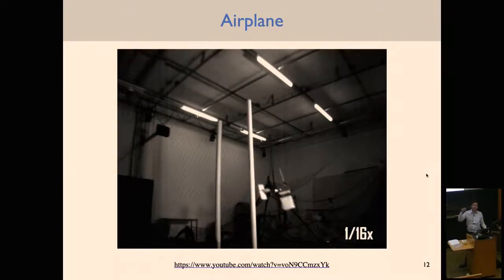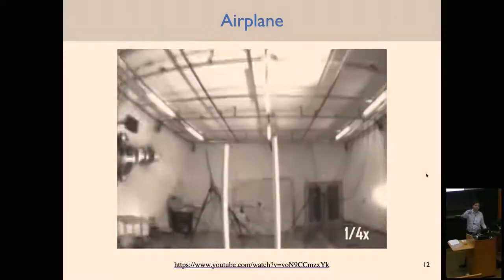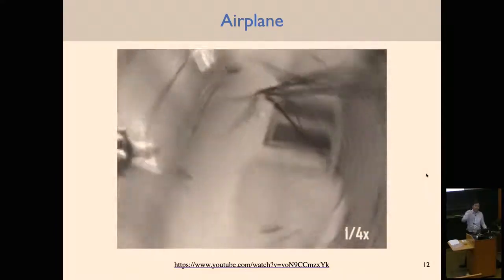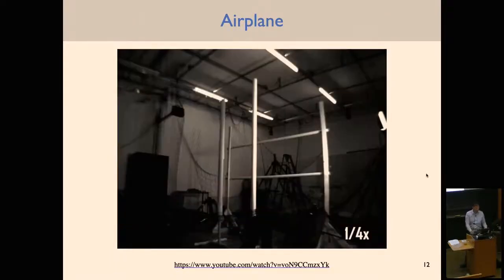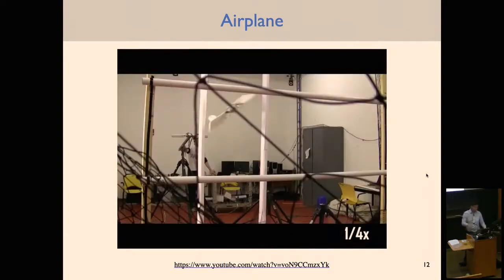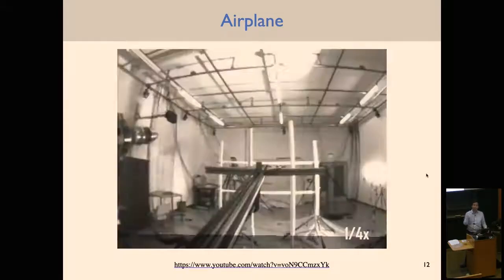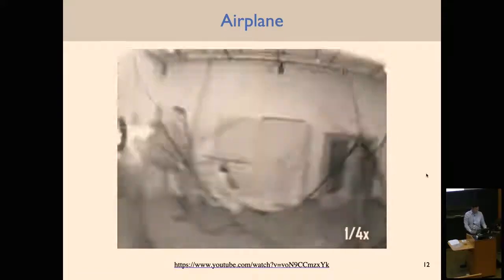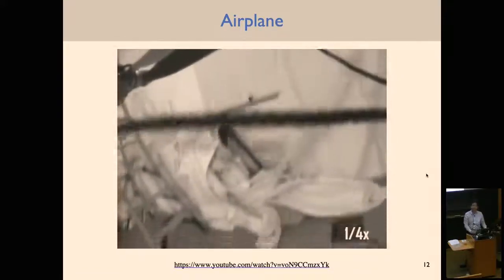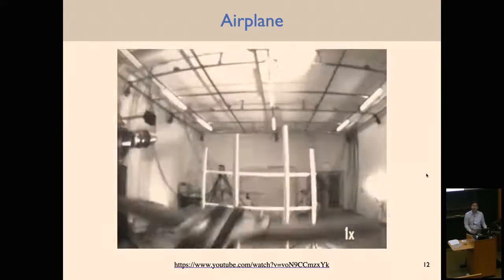We plan a trajectory that makes the airplane avoid the obstacles if you were following it exactly. Of course, you're not going to be exactly following it. So again, we have a time-varying LQR controller that corrects for deviations from the desired trajectory. And then we crash into a net because the room wasn't that large.